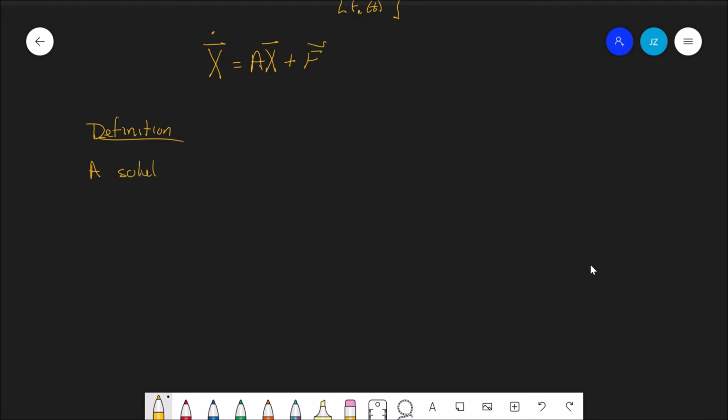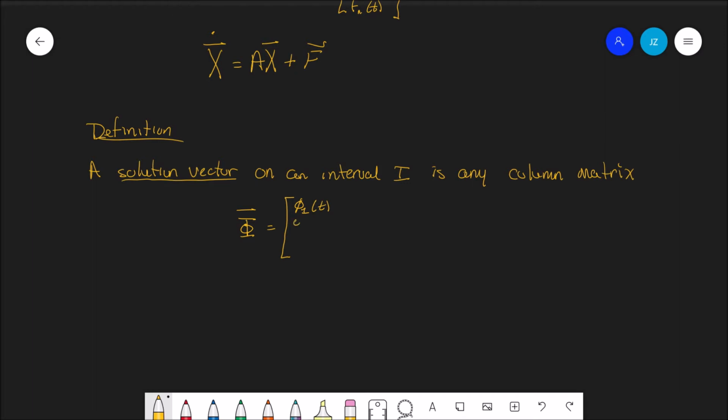So a solution vector on an interval I is any column matrix, let's call it capital Phi, equal to Phi1 of t, Phi2 of t, down to Phi n of t.